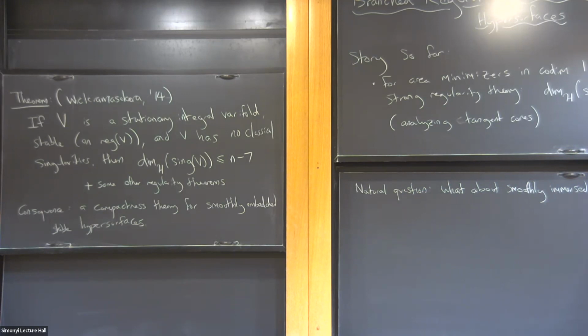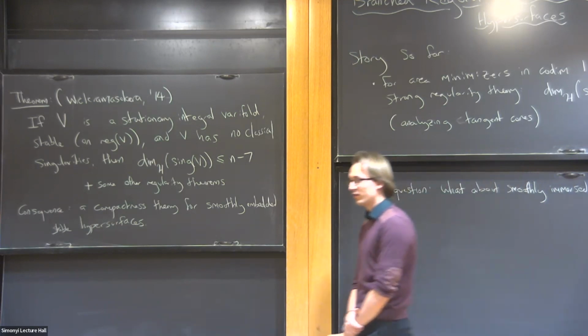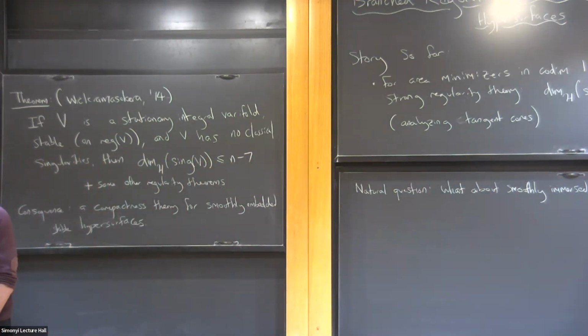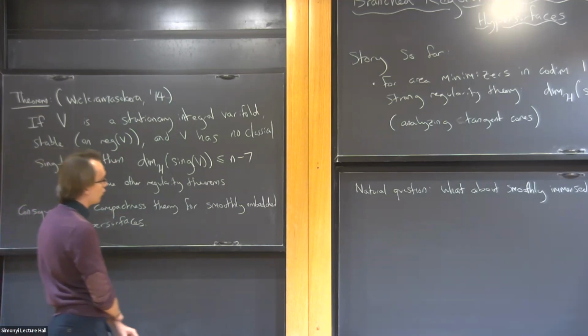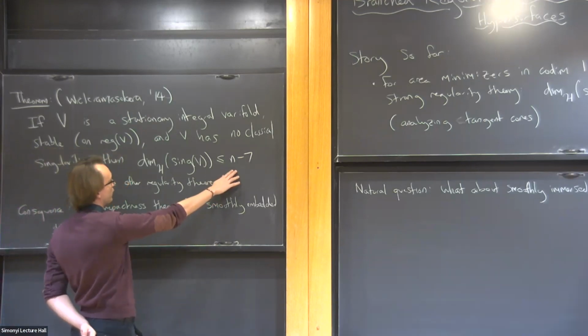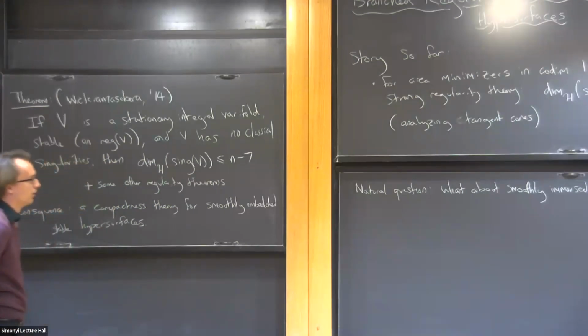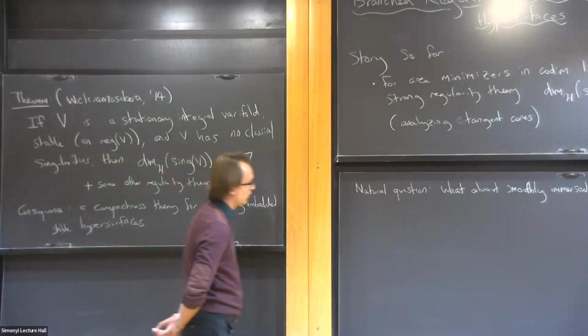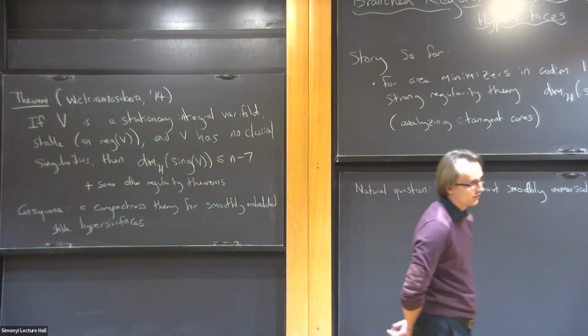Some things are known in low dimensions. This was the work of Schoen–Simon–Yau and Schoen–Simon. They proved curvature estimates in not all of the regular dimensions, but only up to dimension 5, for 5-dimensional objects in R^6. And the case of R^7 is still open as far as I'm aware.